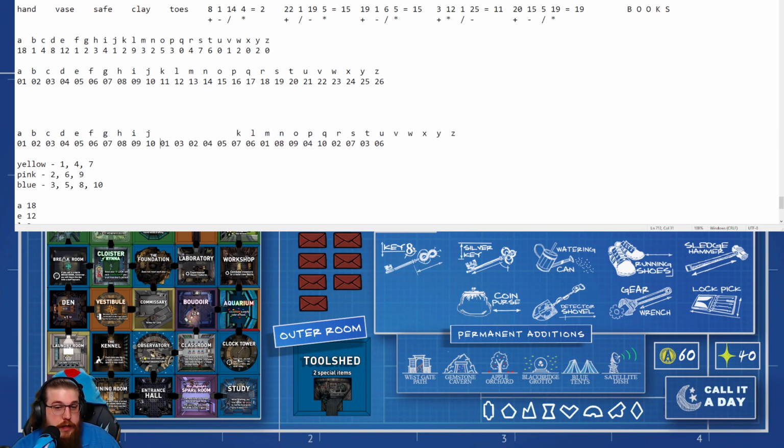If you just look at A through J, and you have the numbers 1 through 10, their colors line up directly with the letters. There's no more to it than that. It's that simple. It's just there to be like, hey, look, letters equal numbers.